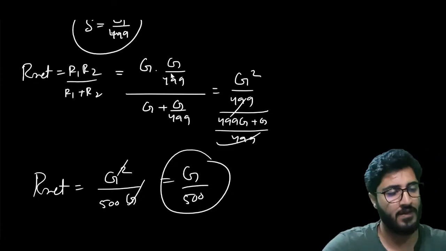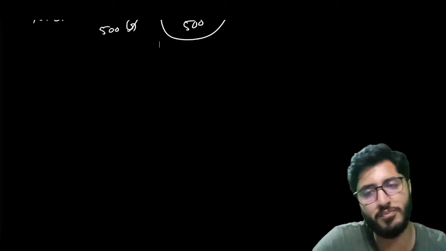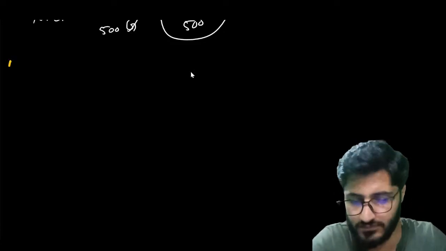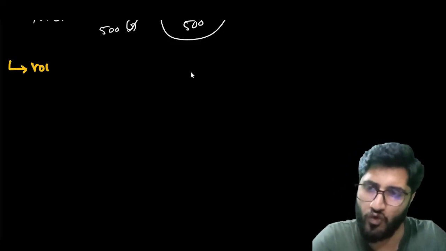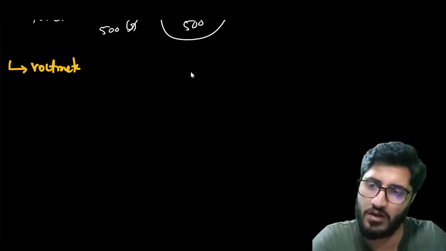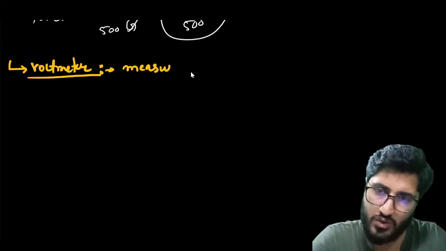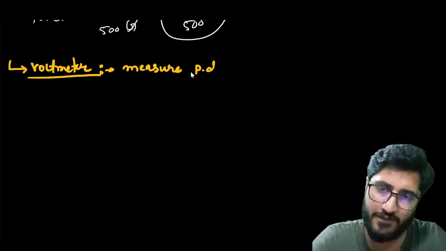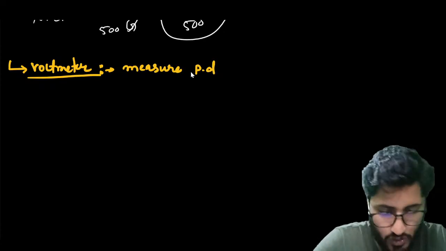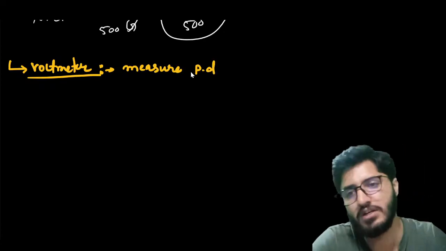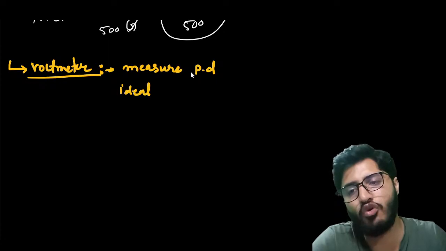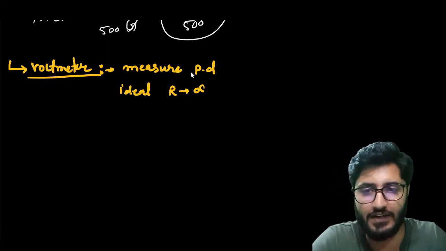Okay, now one more instrument is there, that is the voltmeter. The voltmeter is used to measure potential difference. If we talk about an ideal voltmeter, its resistance is infinite.